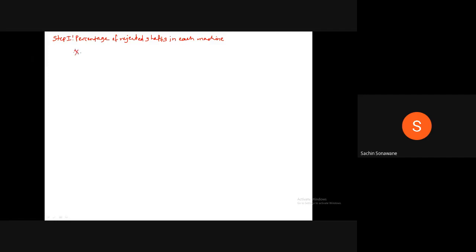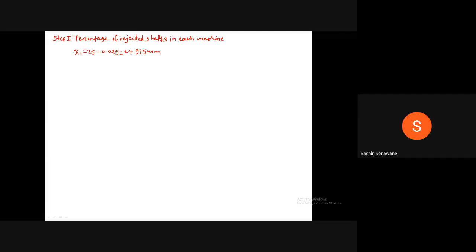Therefore, x1 is equal to 25 minus 0.025, which is equal to 24.975 mm.